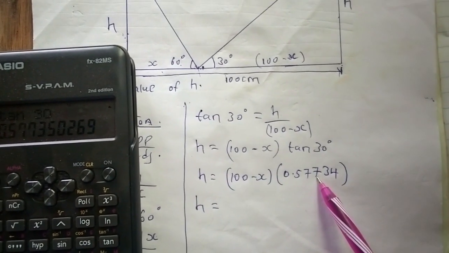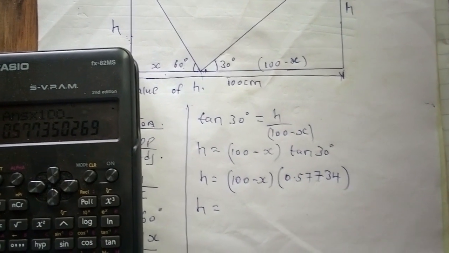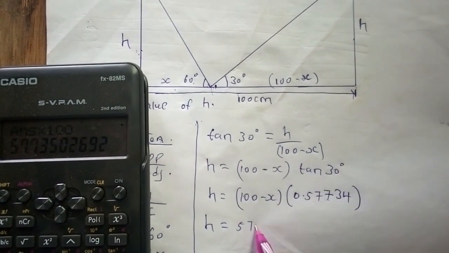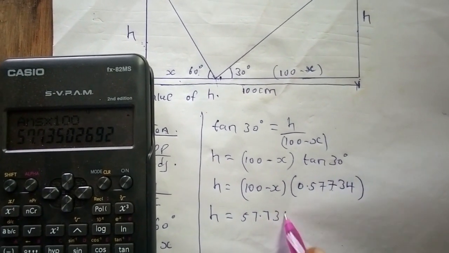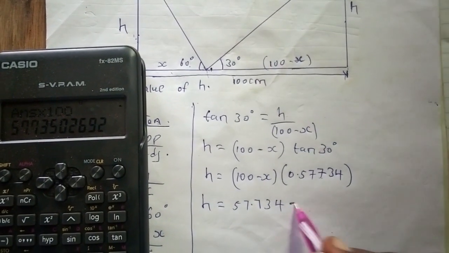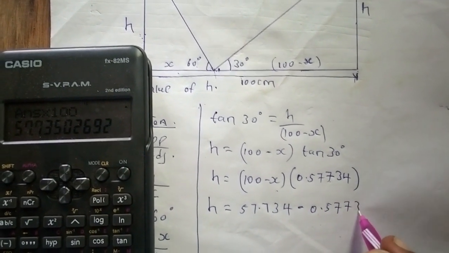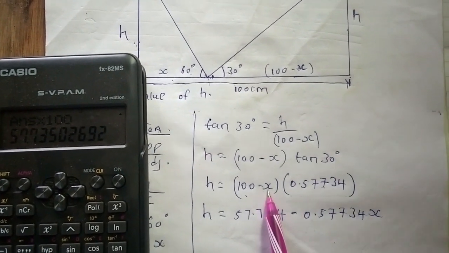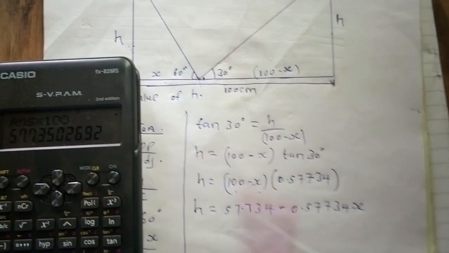If you multiply by 100, we are going to have 57.734, then minus 0.57734x. So 100 times this, minus x times this, you have that. So h is equal to this.